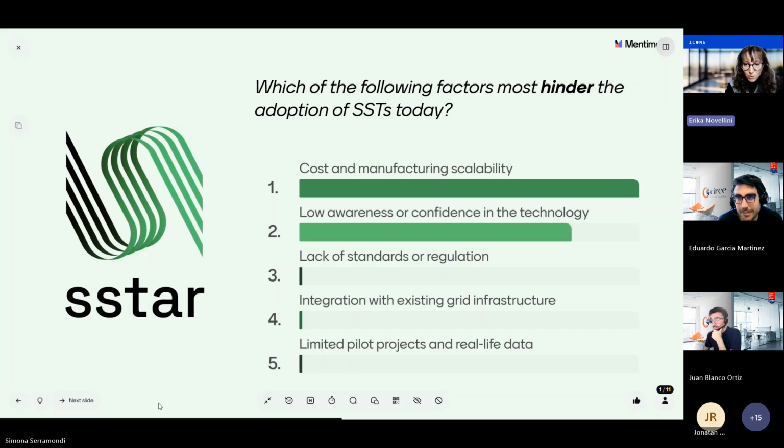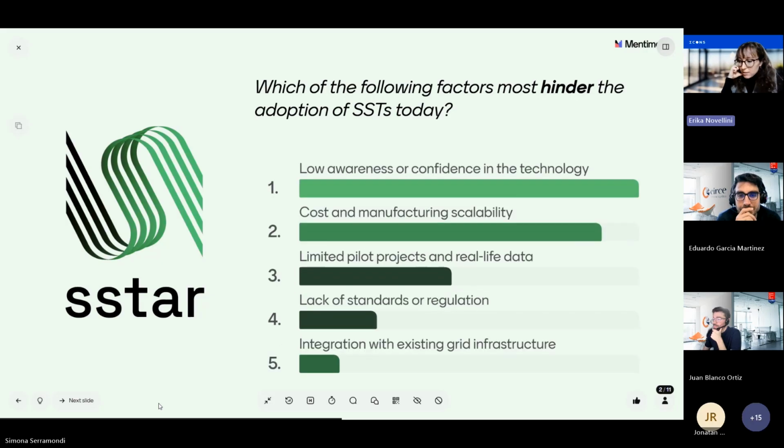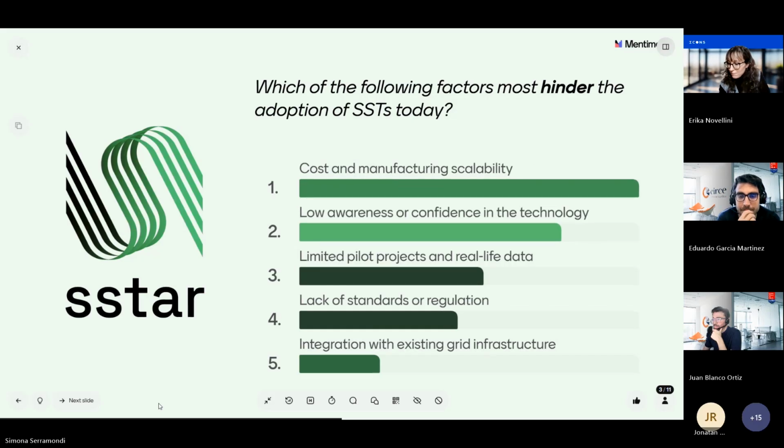Okay, some votes for cost and manufacturing scalability, low awareness or confidence in technology. We'll give you another 30 seconds to rank your answers.